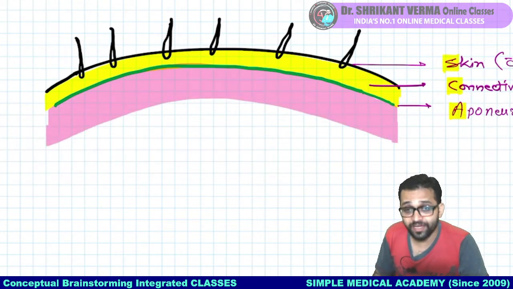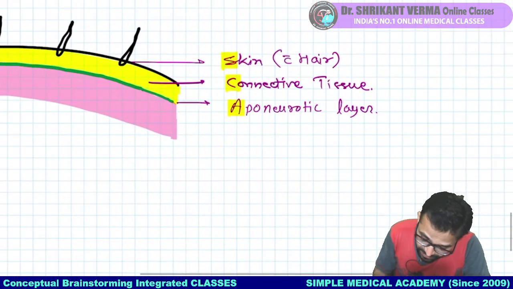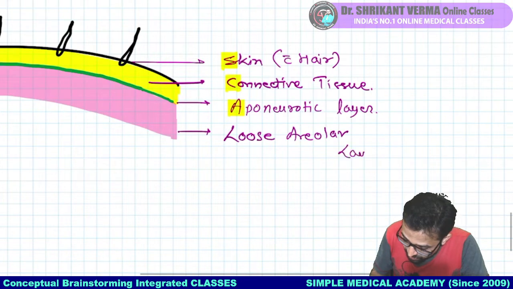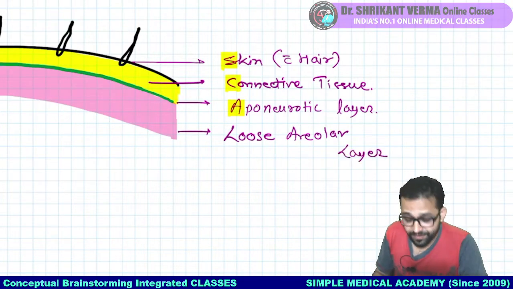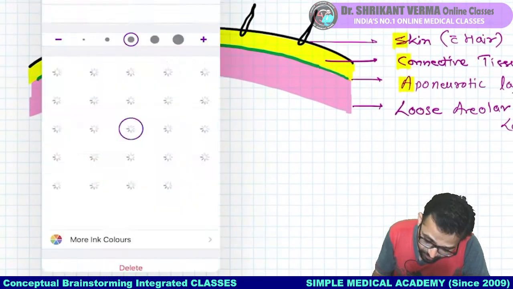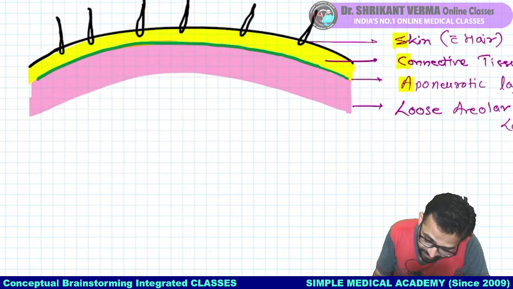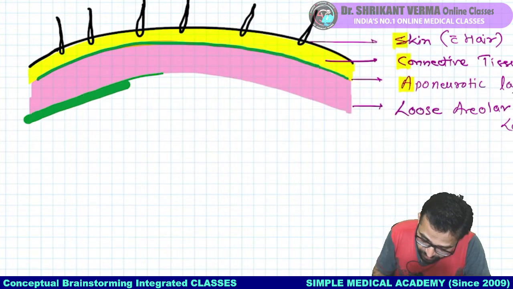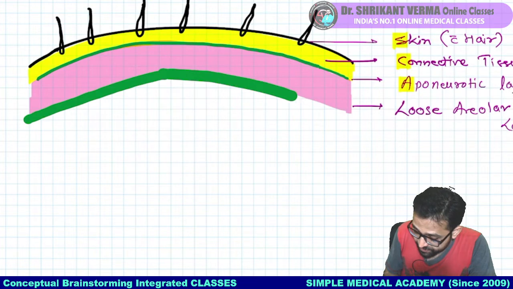So this is our loose areolar layer. Okay, and then the innermost layer is our pericranium, which is firmly attached to our cranial bone. So here is our pericranium.